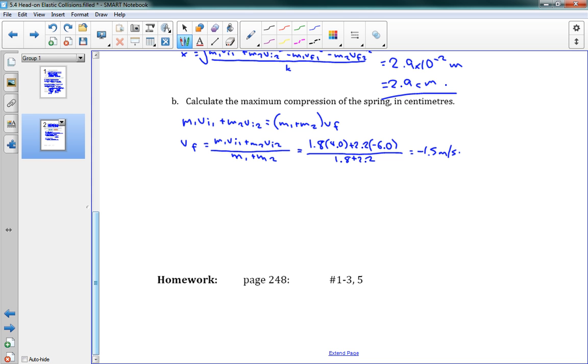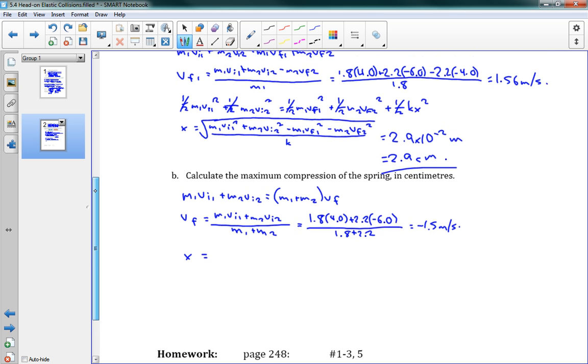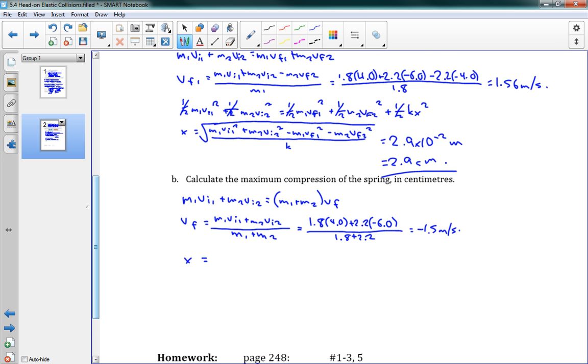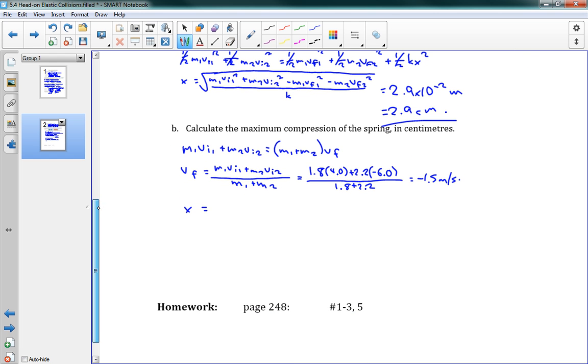Okay, now we use our x. We want to find x exactly the same as in the previous problem, where we just need to rearrange to solve for x. So I'm just going to borrow the equation that we have above for x equals the square root of that big term. But I can simplify it because vf1 and vf2 are the same now.